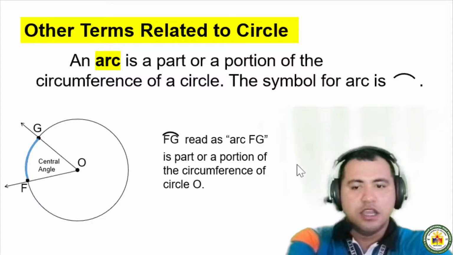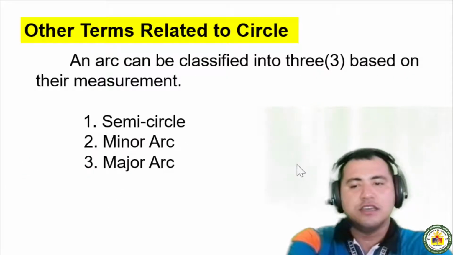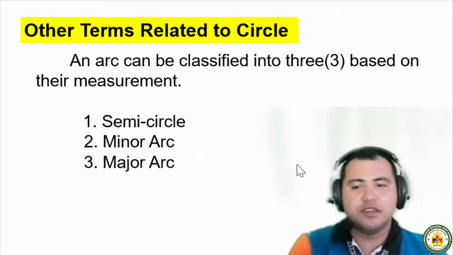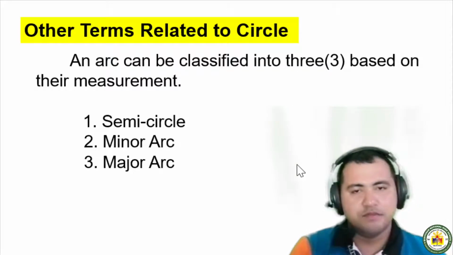Arc FG is a part or portion of the circumference of circle O. Okay.